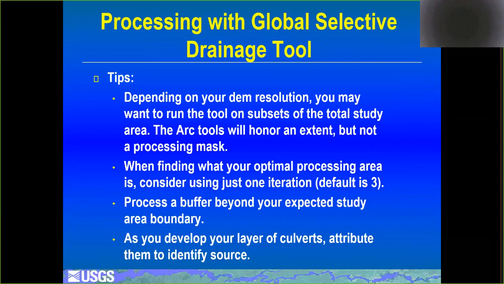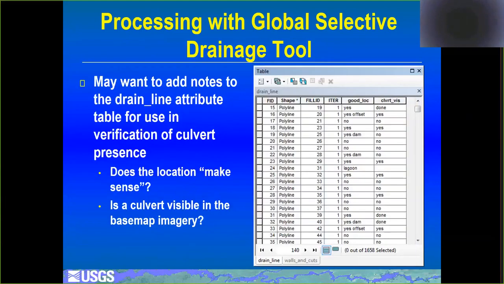As you develop your layer of culverts, I found it helpful to attribute them, in our case for our own use and also for the cooperators, to say yes or no there is or isn't a culvert there. So this is an example for that. Basically, we went through and I added a couple fields for is it a good location.